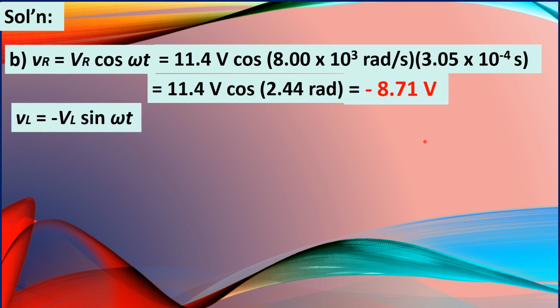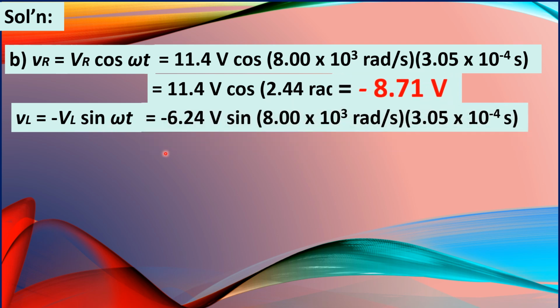Now, for the instantaneous voltage across the inductor, labeled small letter v sub L, alright, it's just equal to the negative of the voltage amplitude across the inductor multiplied by sine of the angle omega t.